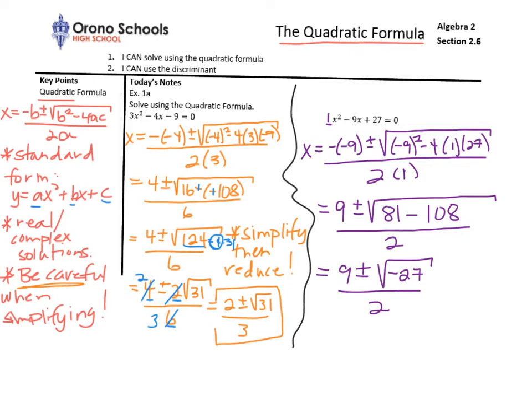So now think about, with that negative, we'd want to factor out the negative part with an i, and that would give us 9 plus or minus i times the square root of 27, over 2. Simplify the radical, then reduce if possible. Now 27 isn't a perfect square, but 27 can be broken down into 9 times 3. And 9 is a perfect square.